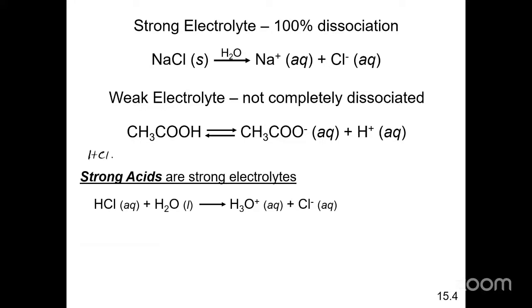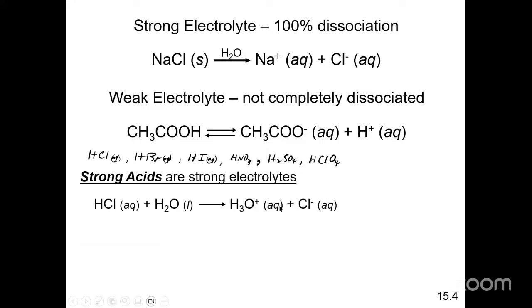Hydrochloric acid, hydrobromic acid, hydroiodic acid, nitric acid, sulfuric acid, and perchloric acid. Please remember these as strong acids, right? Those are the main strong acids that you will encounter.